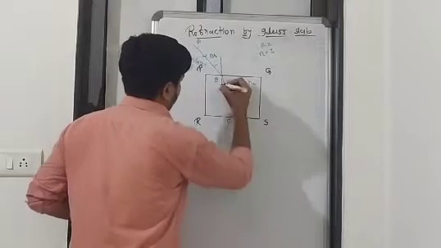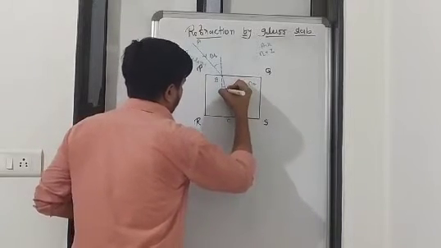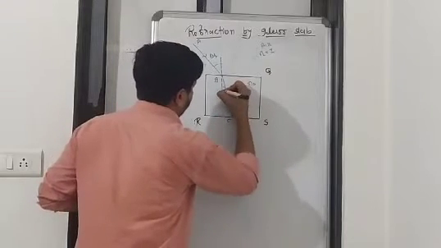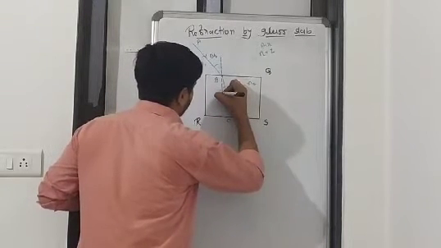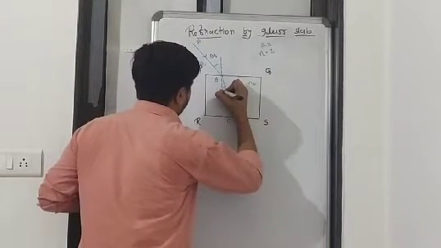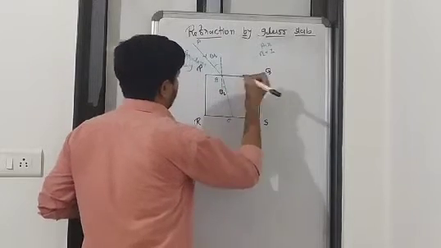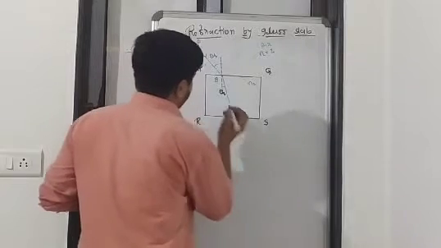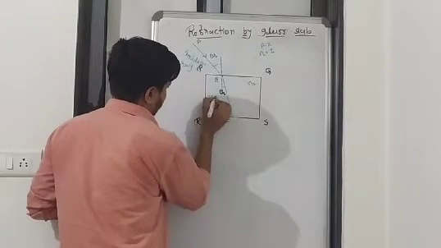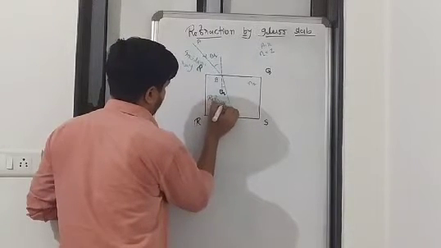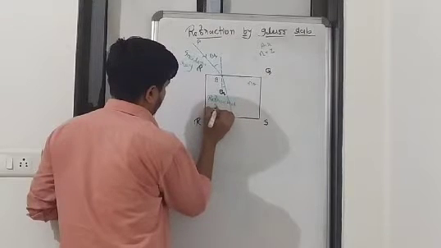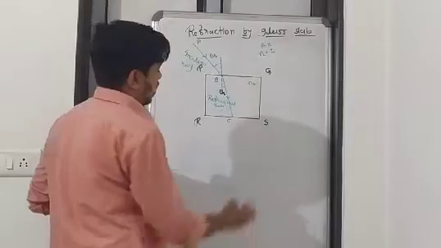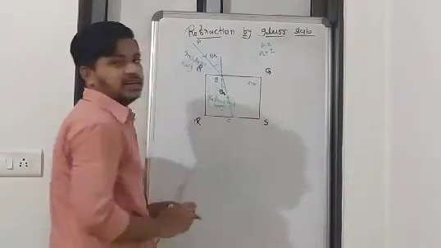Here is the angle. This angle is theta. And this ray is refracted, which is incident on point C.